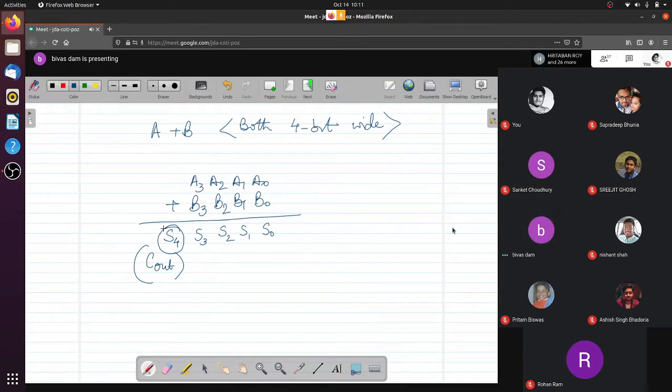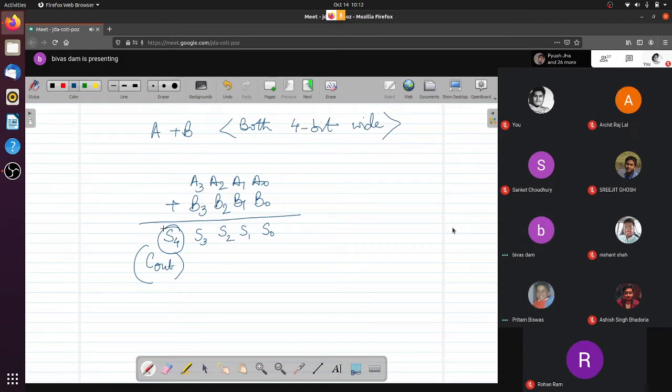Now, to perform this particular A plus B operation, what are the circuit blocks that are necessary? Half adder and full adder. You have perfectly answered that half adder and full adder, these two are necessary. Now you have to tell me how many half adders and how many full adders would be required. 4 half adders and 1 full adder.